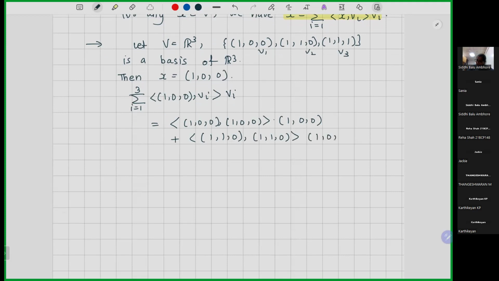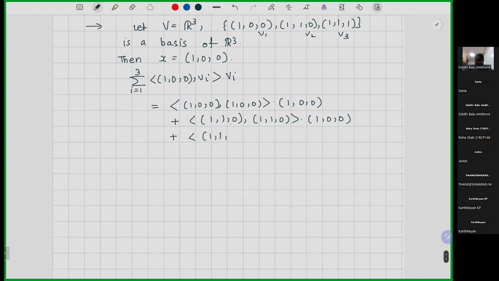inner product with (1, 0, 0), plus the third. I am changing the sequence, so it must be (0, 0, 1), and that's okay. It won't change the final calculation because of the symmetry in R3.